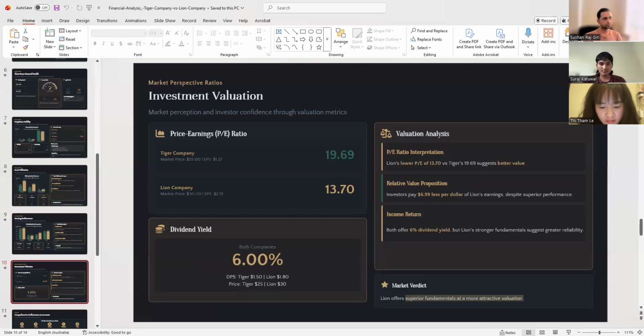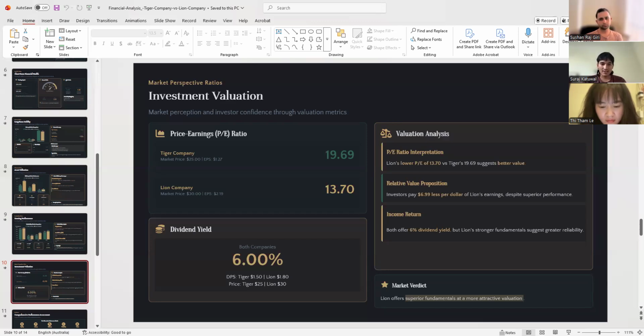Moving on to the next slide, profitability ratios. Profitability ratios measure the ability to generate returns for shareholders. Lion outperforms Tiger across all profitability indicators. Gross and net margins are higher, indicating stronger cost control and pricing strategy.